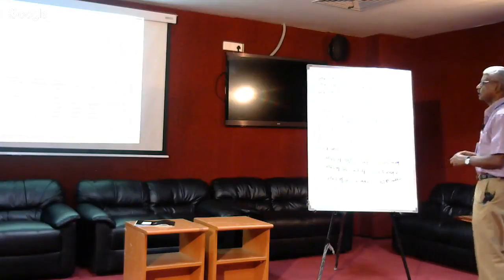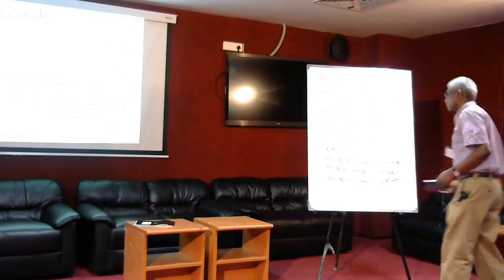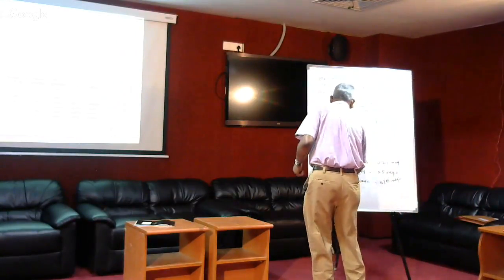And similarly, we have the value of XSO4, which is 0.45. So XNO3 is 1 minus 0.45. So now you can compute the value of alpha. Let's do that.